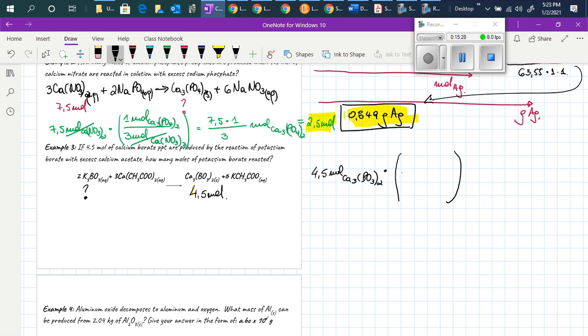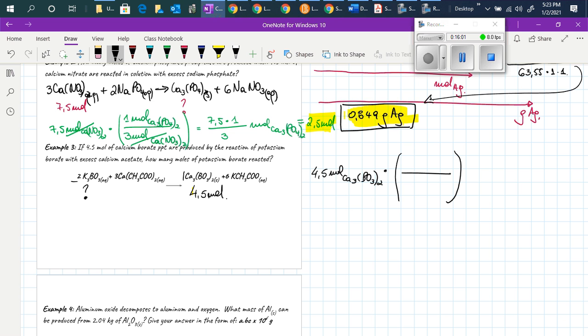Molar ratio here, the molar ratio is 1 to 2 or 2 to 1. What we are doing is we are choosing which ratio we are using, 2 to 1 or 1 to 2. And the one that you will choose will be the one that lets you cancel out the units.